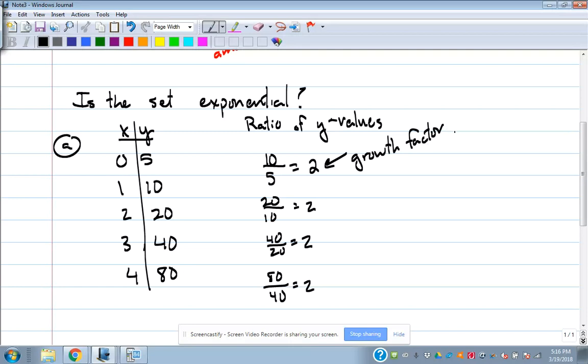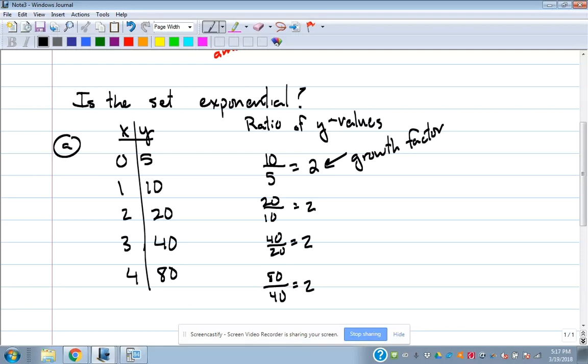If the ratio of your Y values is the same, or really very close, then it's exponential. In linear stuff, the difference in Y over the difference in X had to be the same, constant. That made it linear.